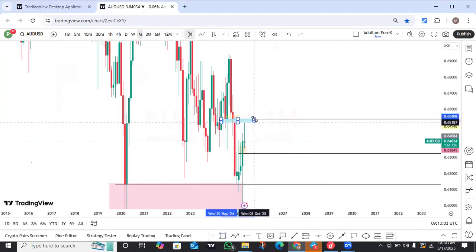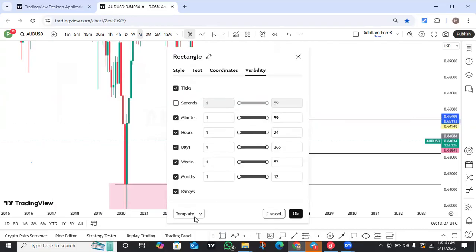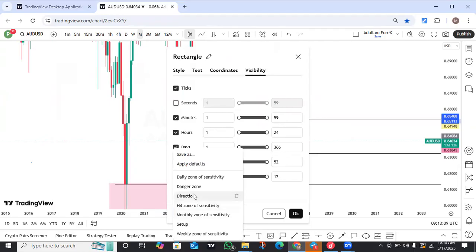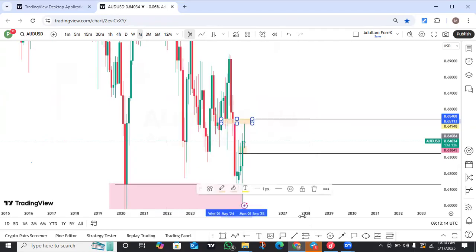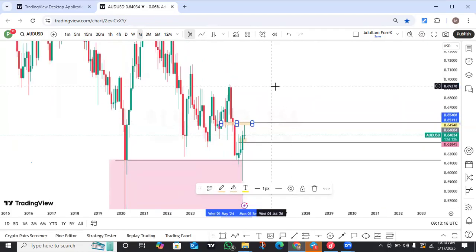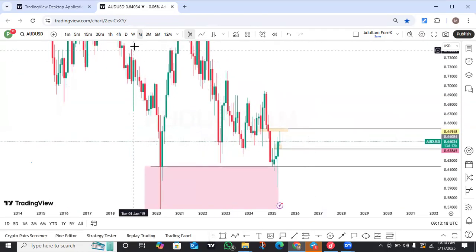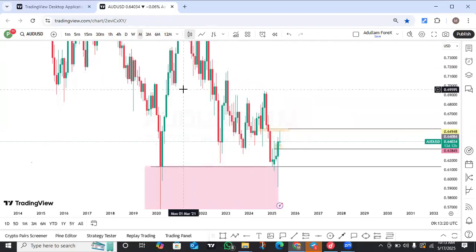Those are roadblocks which cause retracement. So now let me put direction. So guys, the market is rejecting from the late blind spot on the monthly time frame.